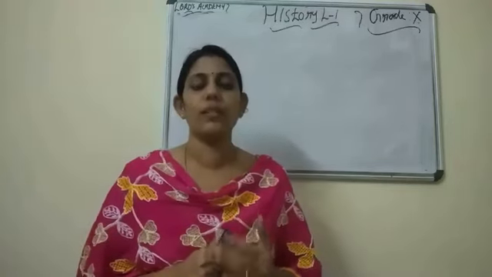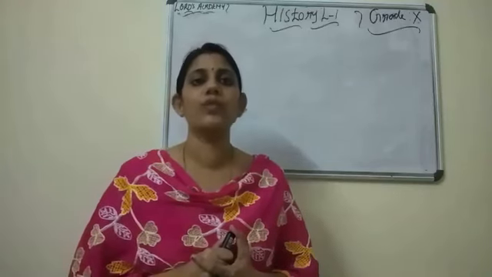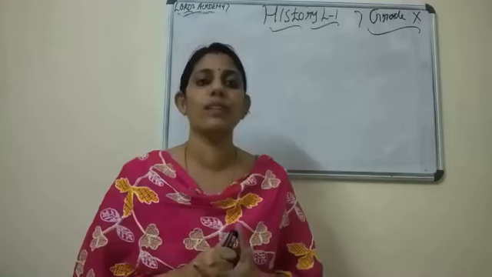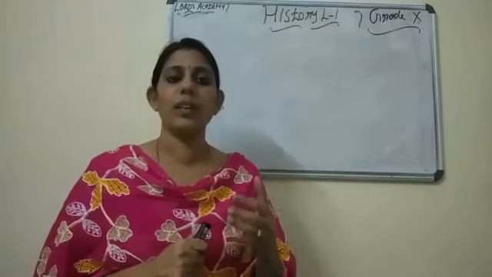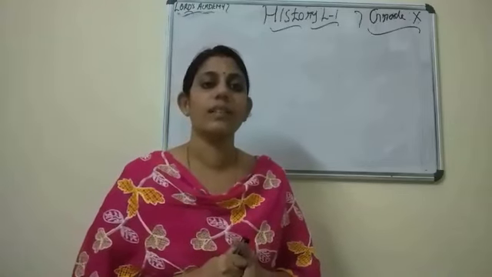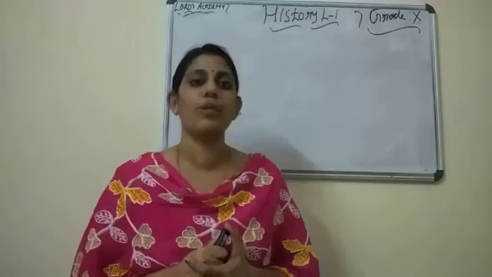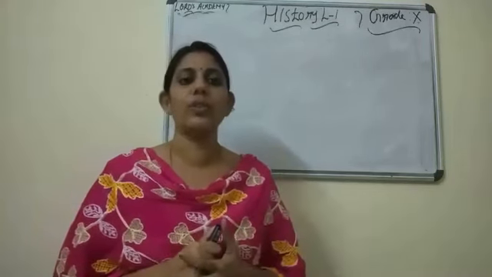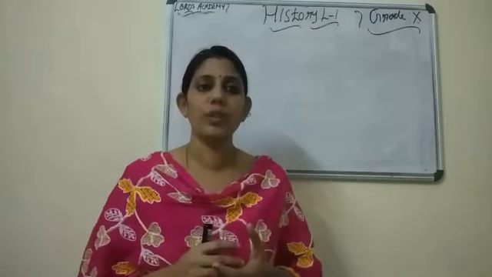Now lessons 4, 5 and 6 are about the third organ of the government, the judiciary. The apex court is the Supreme Court. At the state level, the highest court in the state is the High Court. The courts at the district level and below are known as subordinate courts. What is the role of the judiciary?